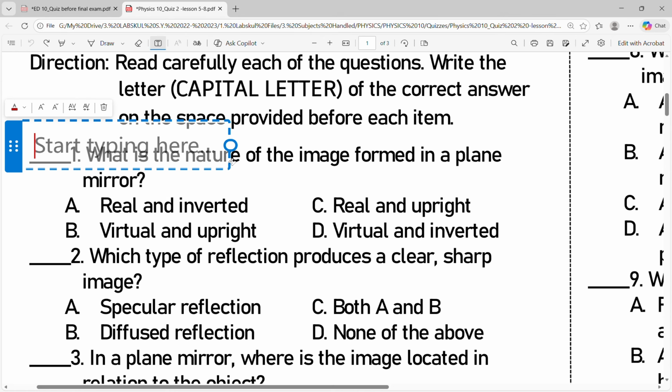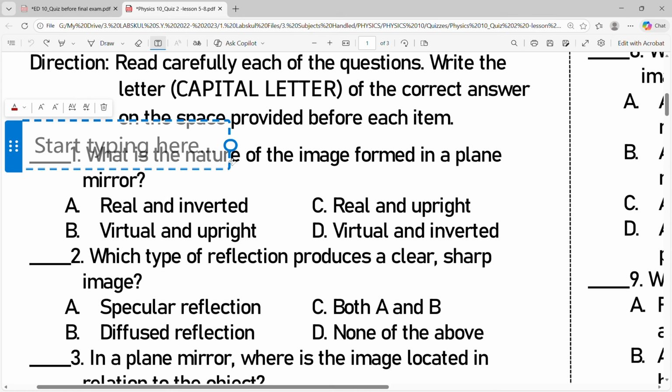So remember, when you look at your image in a plane or a regular mirror that you use, the object is of the same size as the reflection or the image that you could see in a mirror. So that's same size. Aside from that, upright, because when you look at yourself in a plane mirror, you are not upside down. So that's upright. And of course, you realize that the orientation of the image is directly related to its type.